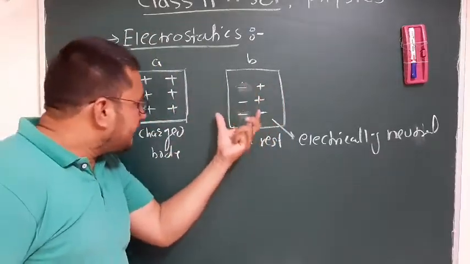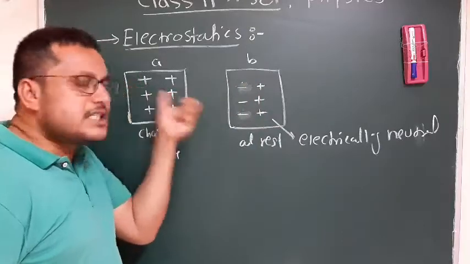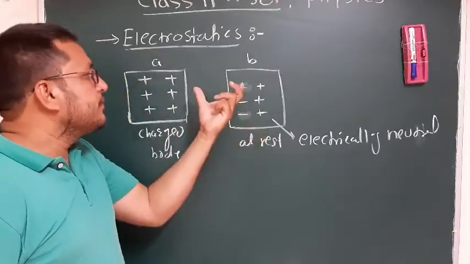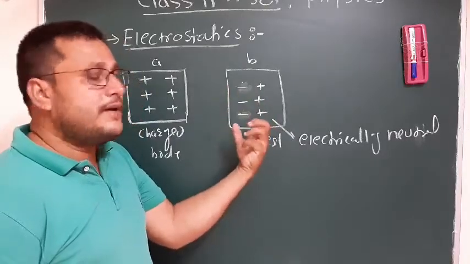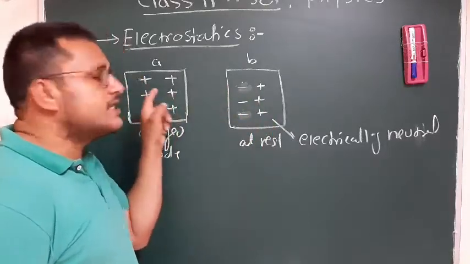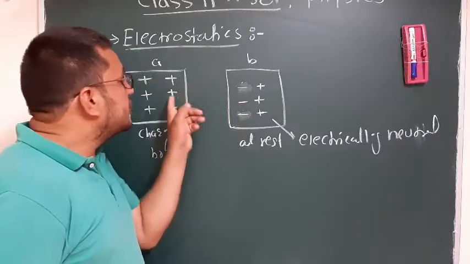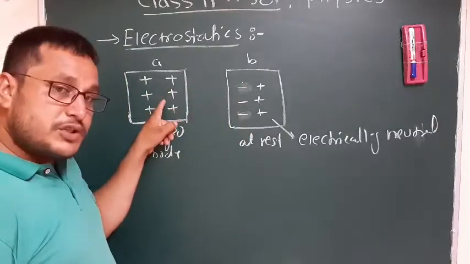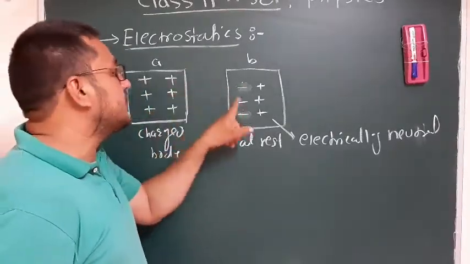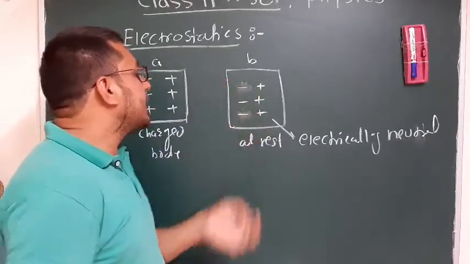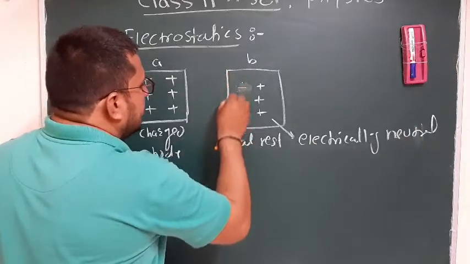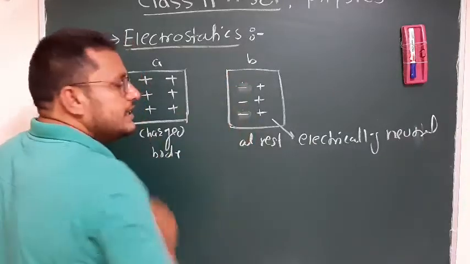The charge inside the body is redistributed: due to the positive charged body, the opposite charge, negative, separates and comes toward the side of the charged body.